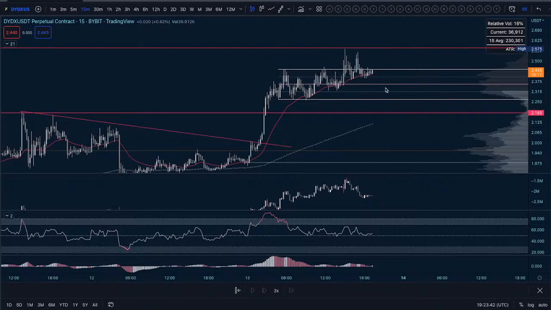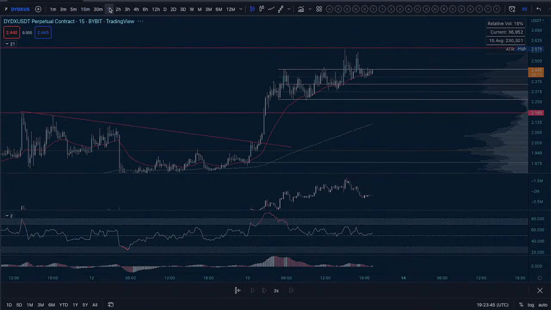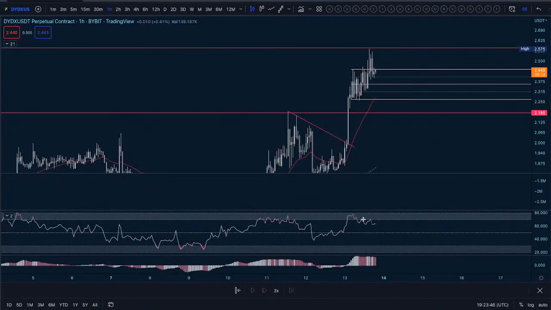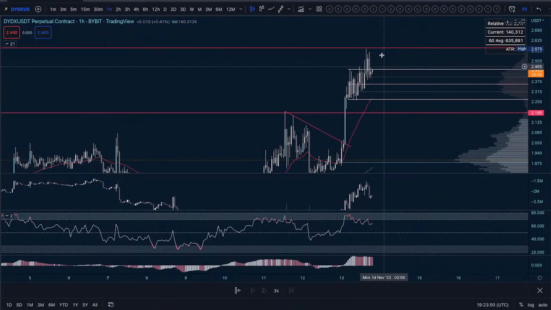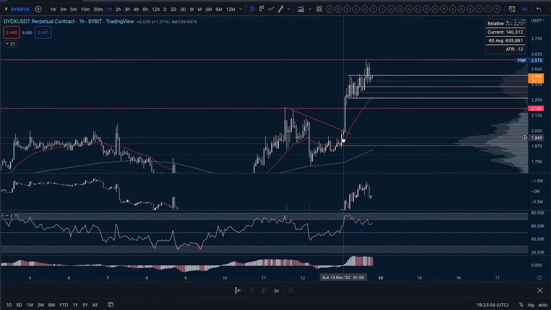Yeah, I don't know about that. It's still strong. It's diverging over here, but I really don't wanna be messing with this right now. Still looking strong.